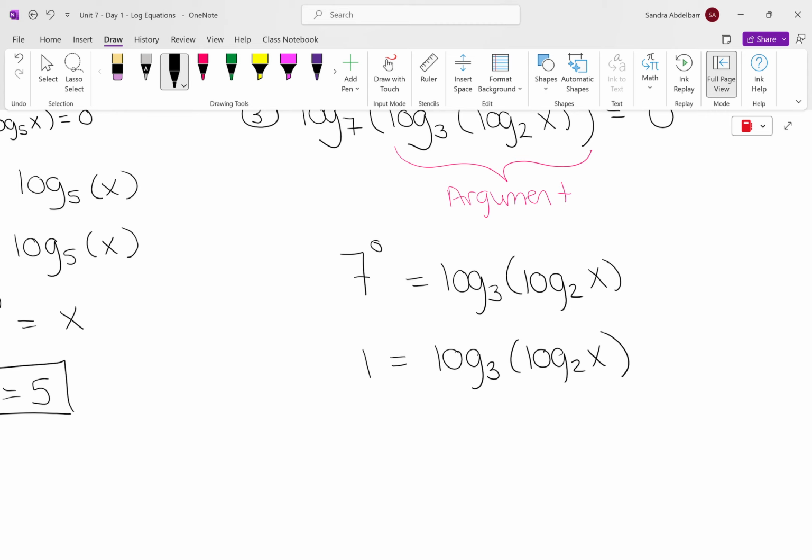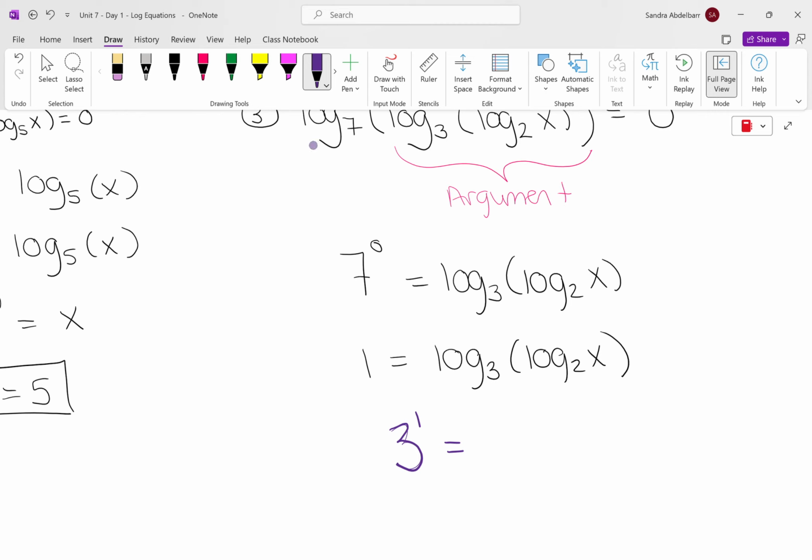Now I simplify down. 7 to the 0 power is 1. And what did I say was always in the parenthesis? The parenthesis is always what? The argument. What's in the parentheses is always the argument. So now I need to change to exponential once again. What's my base this time? 3.